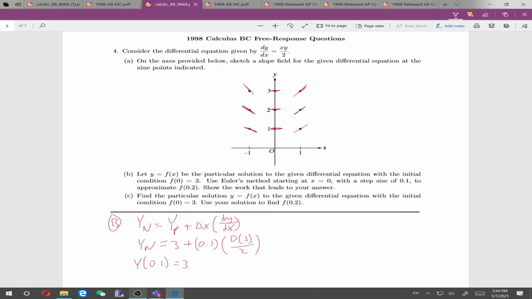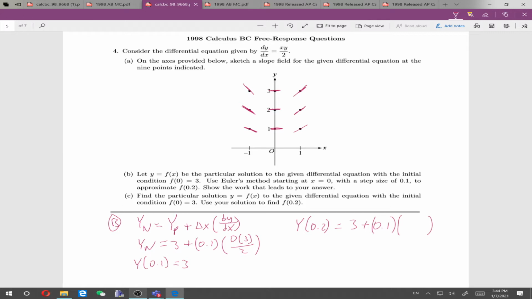We can do another step. Same formula, over to Eric. If I want to find our y value at 0.2, what's going to happen? 3 plus 0.1 times dy over dx.